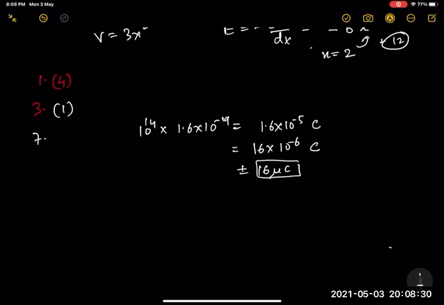Now they are saying that the electrons are removed, right? Electrons with the negative charge are removed, means it's a plus 16 microcoulomb. The seventh is 1. Any doubt, anyone? Yeah, 1.